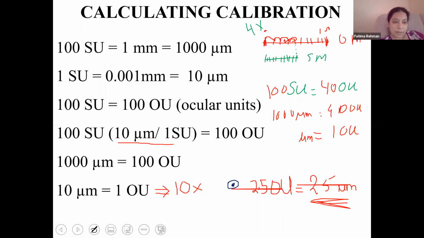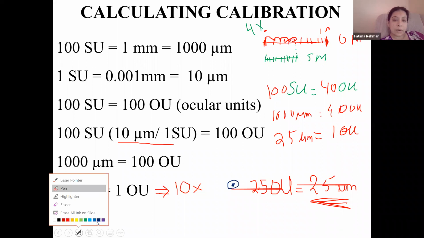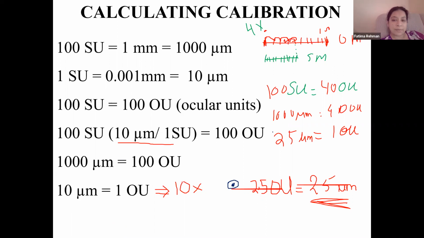Nobody tells me. So sad. Good job. 25 micrometer per a single ocular unit. Same cell. Remember the cell? Now I'm looking at it under the 4x objective lens.